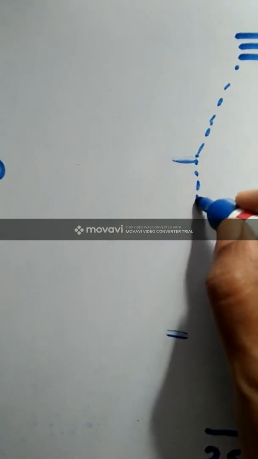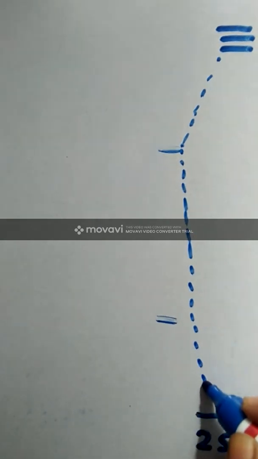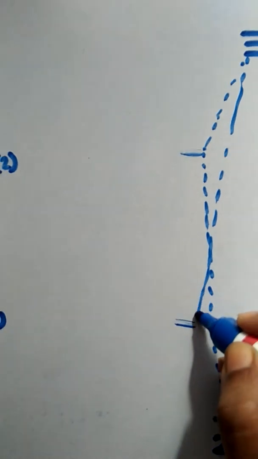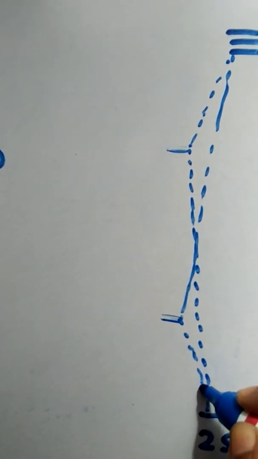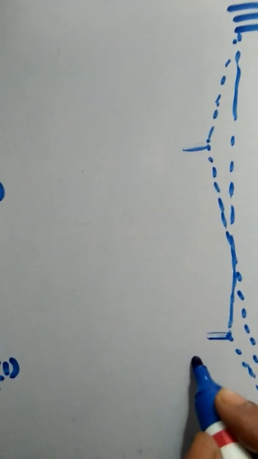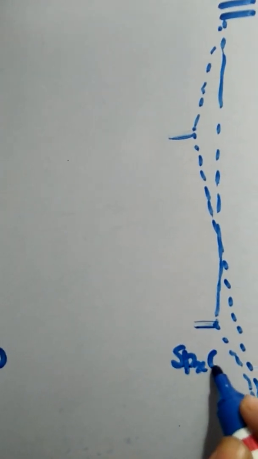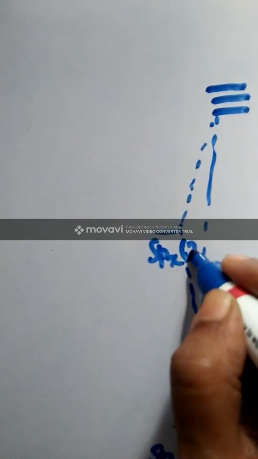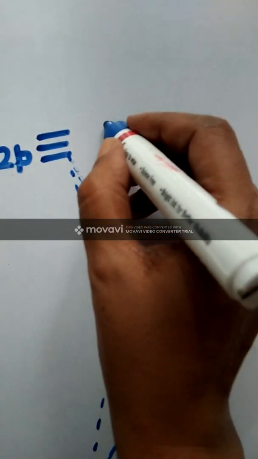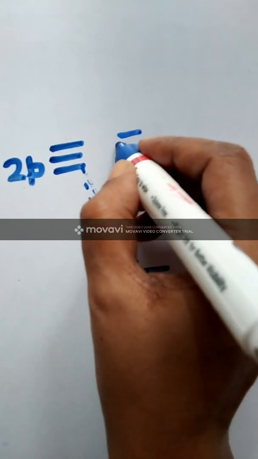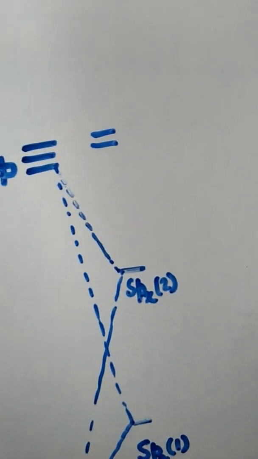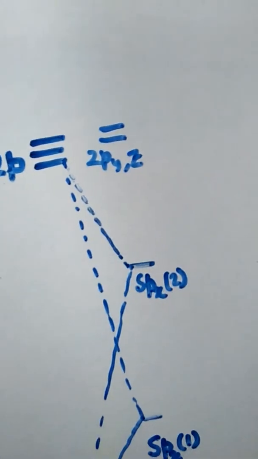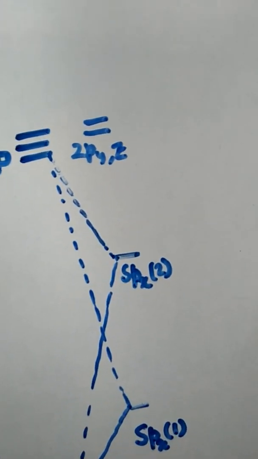This is the p contribution and this is the contribution from s, and again there will be another one, p and s, and this will give rise to spx1 and spx2, and these p orbitals will remain as they are. This will be 2p y and z, 2p y and z.